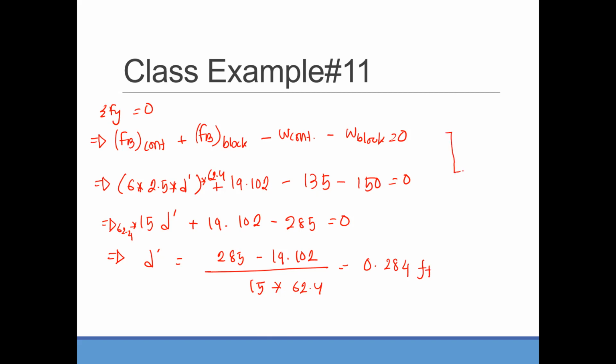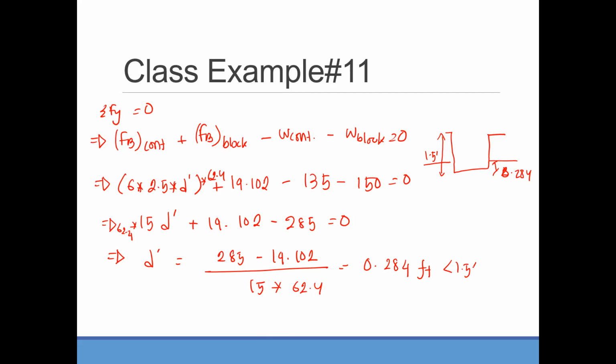Again, that one is 0.284, and the total depth was 1.5 feet. So it's less than 1.5 feet.